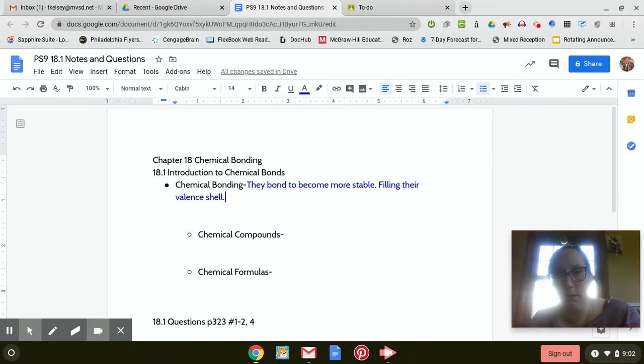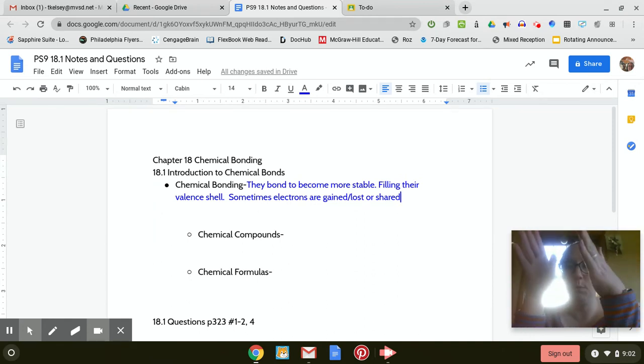Sometimes electrons are gained or lost, and sometimes they are shared. Especially over in groups 13, 14, 15, those elements a lot of the time will share.